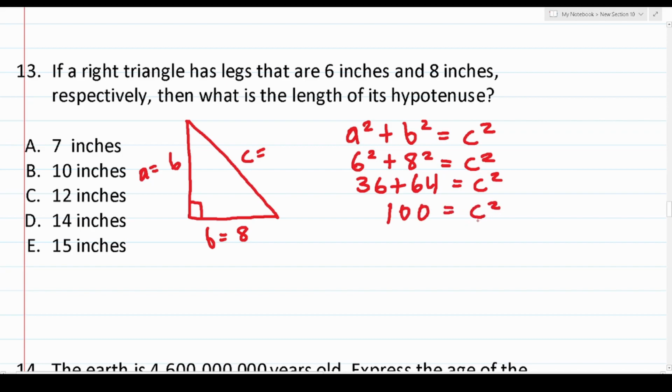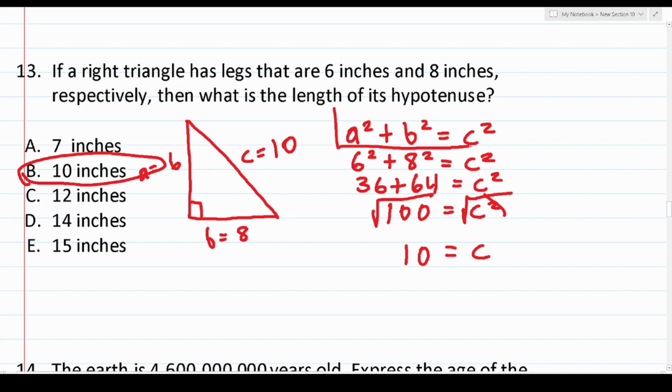Again, we want to get C by itself as it is over here. So we're going to get rid of that square by taking the square root of both sides. This crosses out, leaving you with just C on this side. Square root of 100 is 10. Therefore, we know the hypotenuse, which is C, is 10. And so the answer to this one is B.